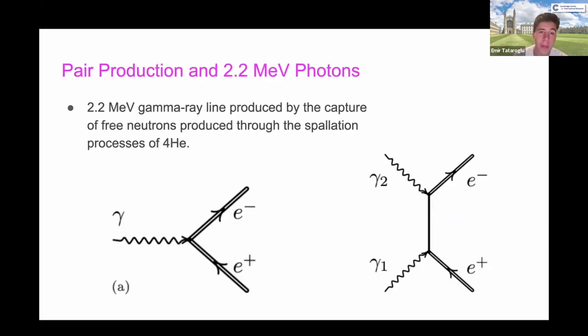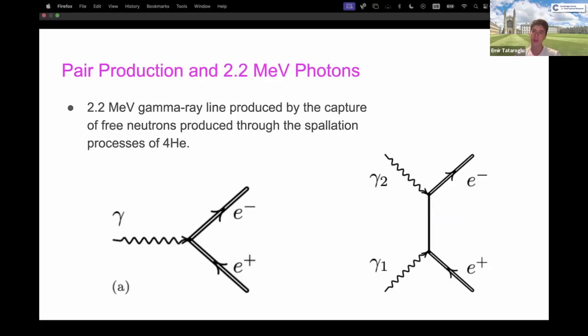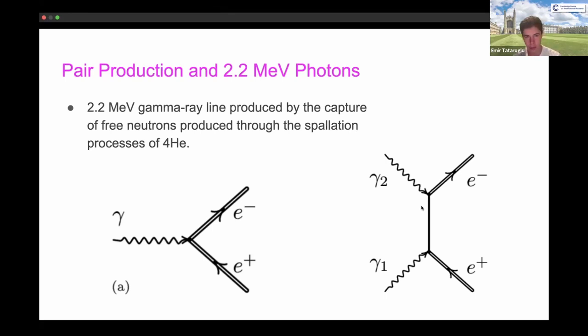So my project was on this quantum electrodynamic process called pair production. Firstly, in this paper, we focused on this energy band called 2.2 megaelectron volt photons. Megaelectron volts, if you don't know, is a unit of energy.